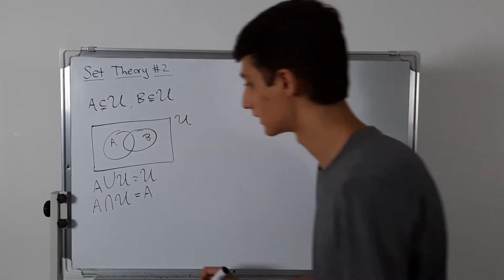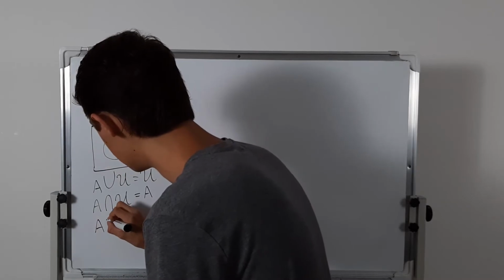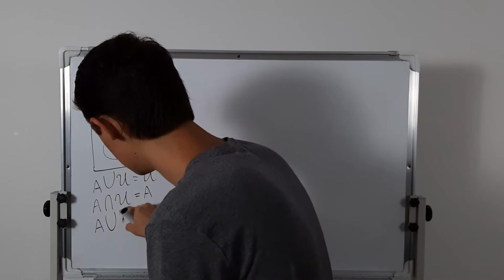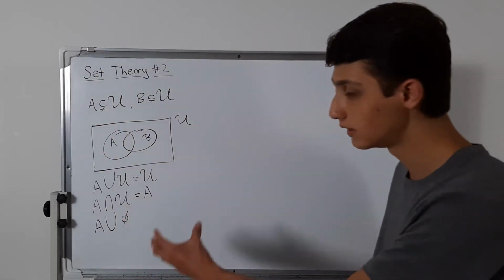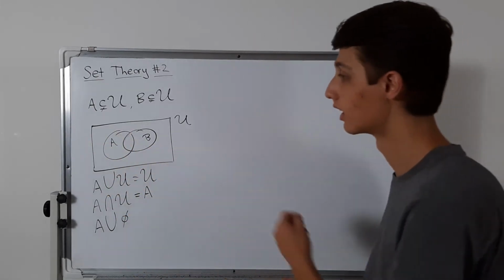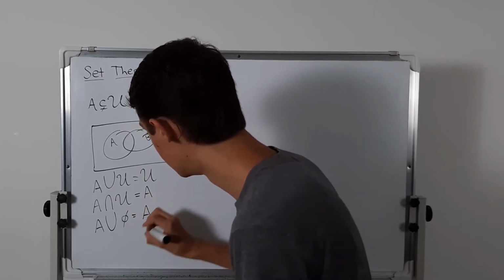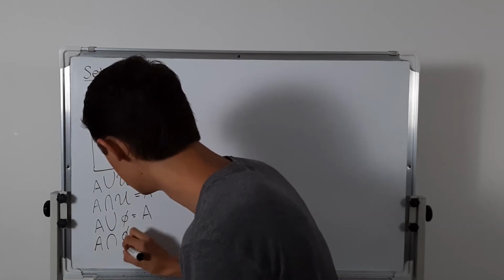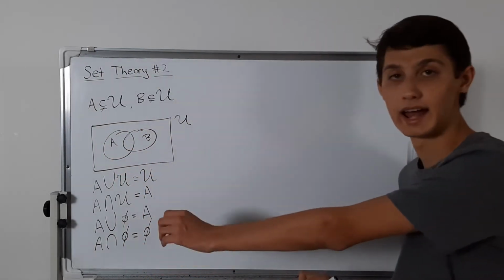And we can also think about the empty set. If we take the union of A and the empty set, which I'm going to denote like this, I'm just going to get A back. But if I take the intersection A intersect the empty set, I'm going to get the empty set, because the intersection is what has to be in both.